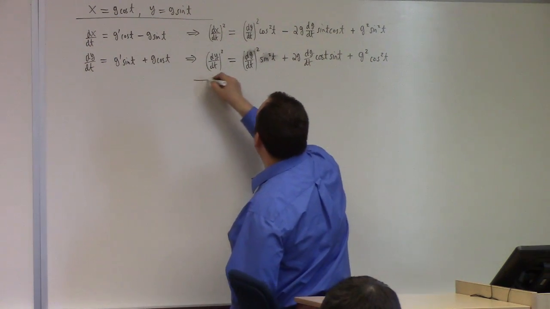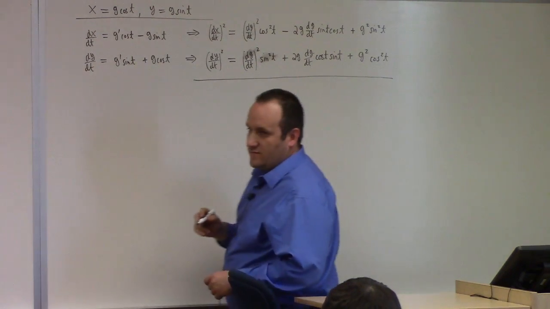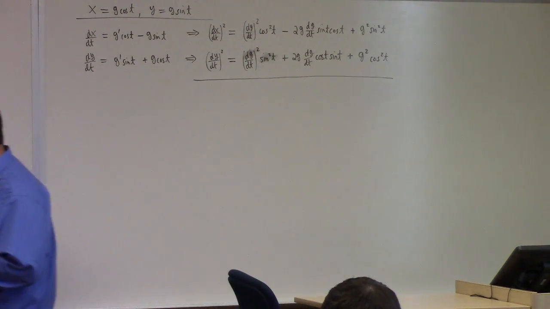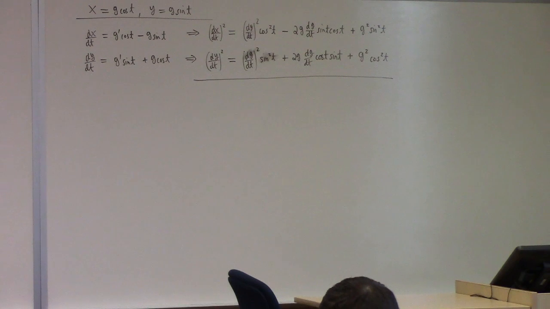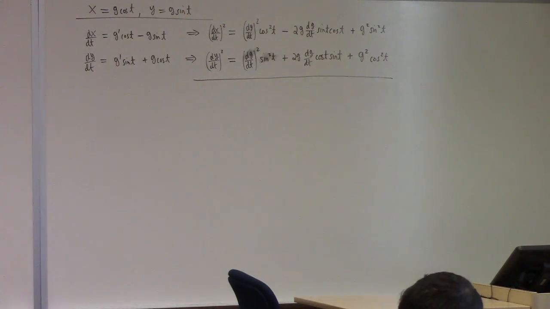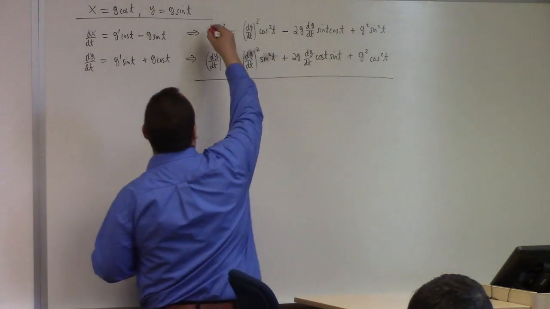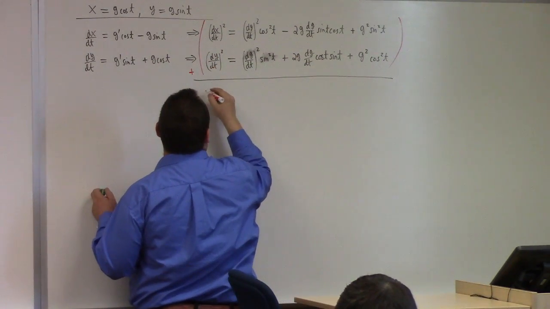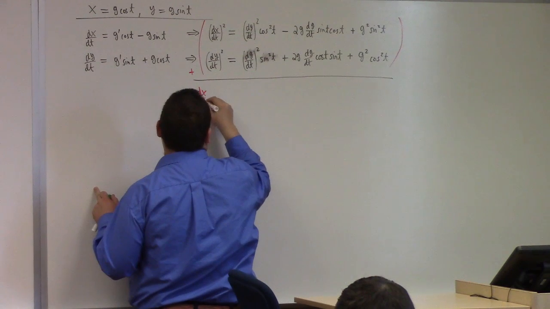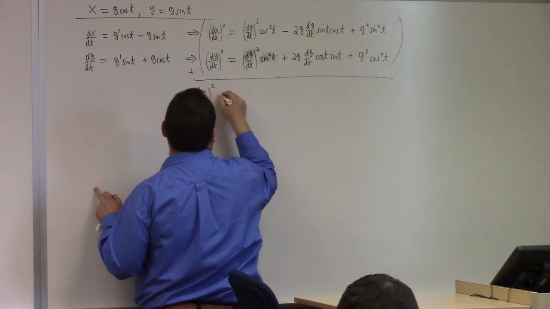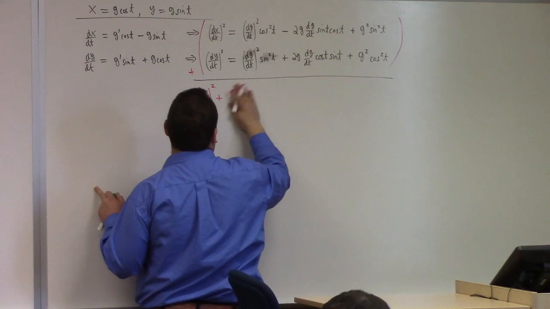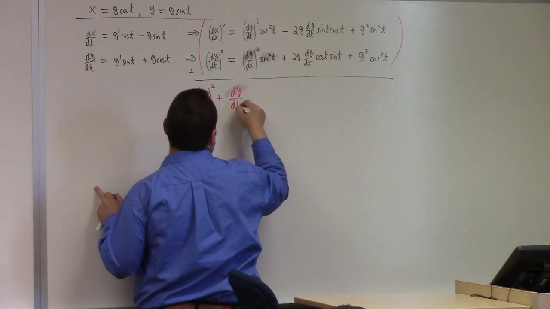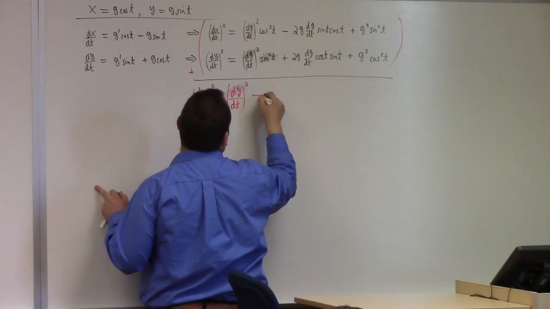I hope you're not mystified by what I'm doing. All I did was square the derivative of x and square the derivative of y and write it out. I'm doing this because my goal is to calculate the speed, which is the sum of dx dt squared plus dy dt squared. So you take this and you add it, and we've got dx dt squared plus dy dt squared equal to what?